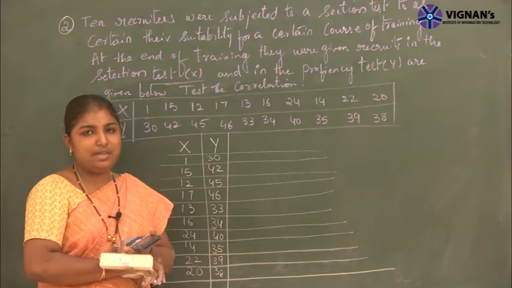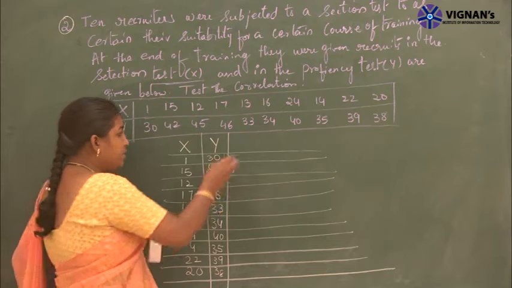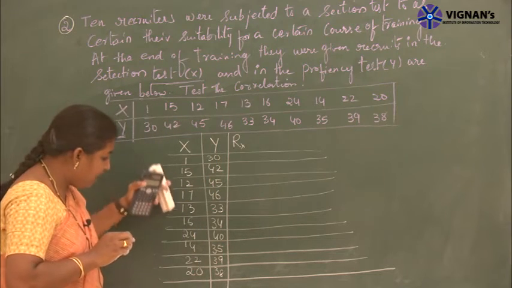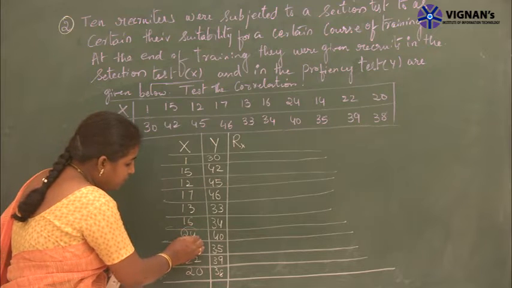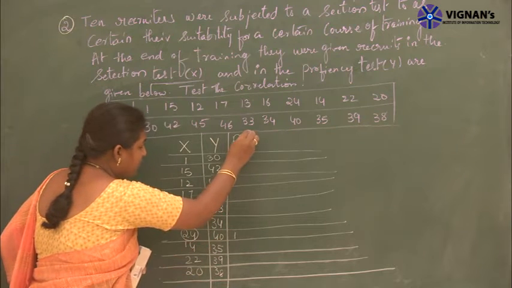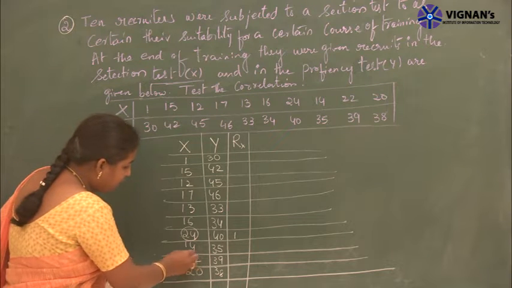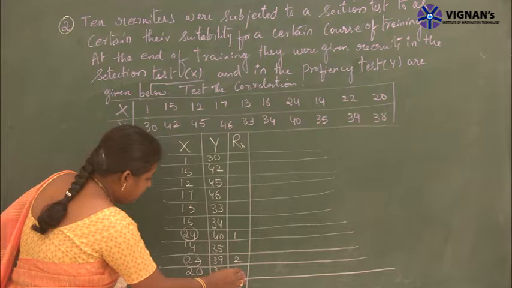Now we want to give the ranks to these X values and Y values. The X value rank is represented by Rx. Select the maximum value: 24 is the maximum, we give rank 1. The next maximum is 22, rank 2. Next is 20, rank 3.